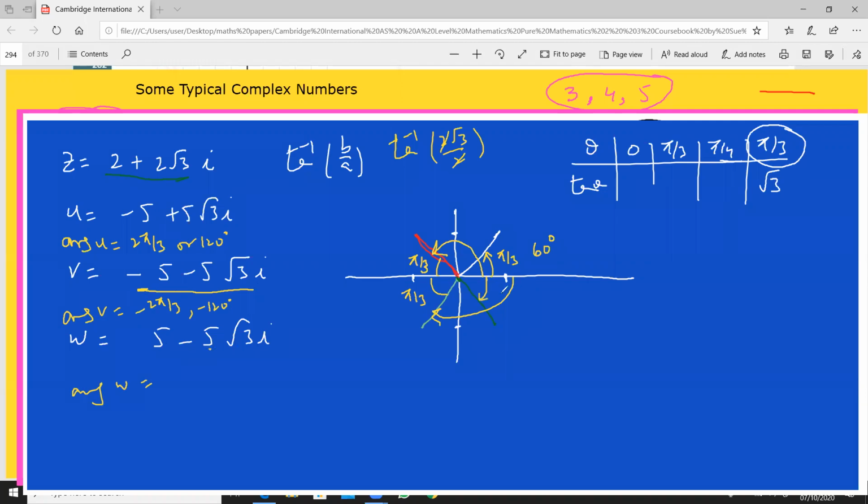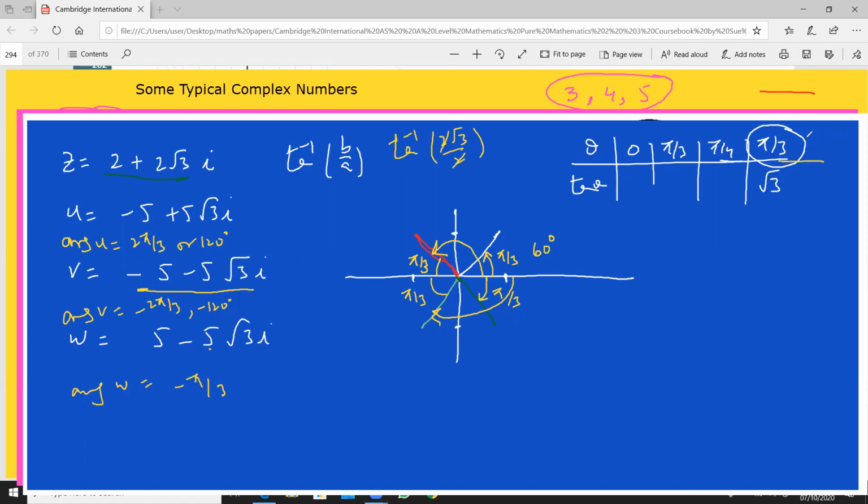So this angle is simply pi by 3, and I write here minus pi by 3, because this is going to be clockwise, or this is minus 60 degrees. So that is how you can find these arguments mentally when you look at that this B over A can be simplified as under root 3, and tan inverse of under root 3 is pi by 3.